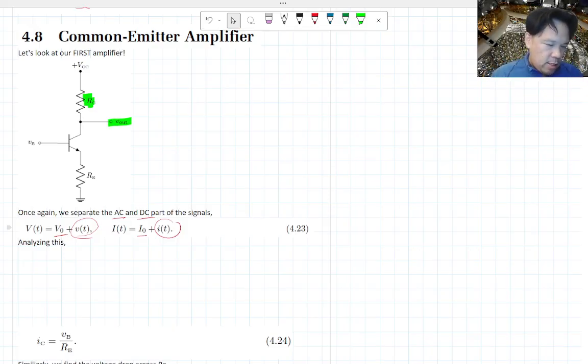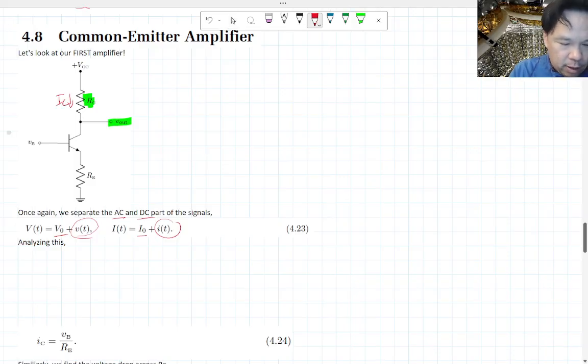If we analyze this, we care about how much current is going through this collector resistor, because that current is going to give us a voltage drop that will determine what Vout is. Whatever VCC is, minus this voltage drop across the resistor, is going to be your Vout. So let's say your VCC is 10 volt, you actually cannot go above 10 volt.